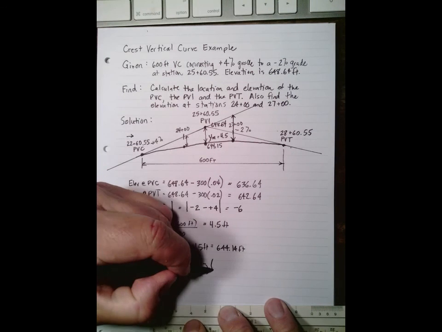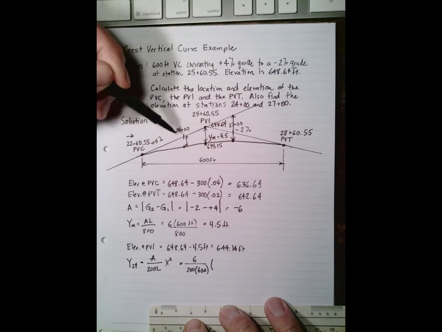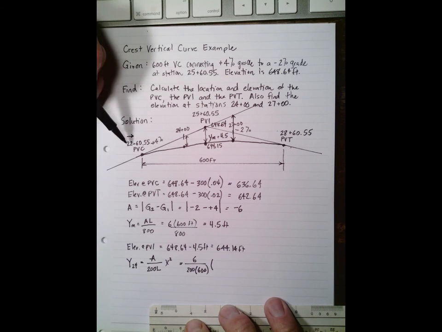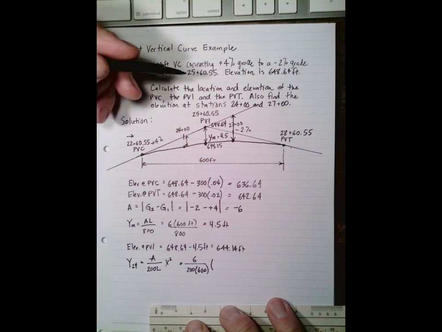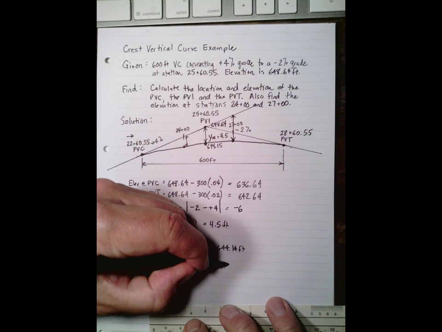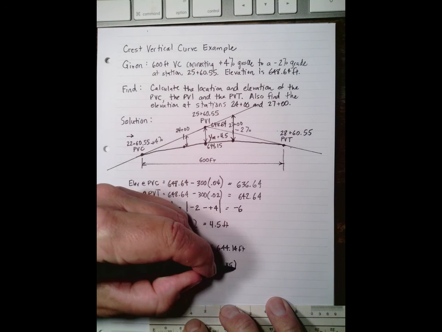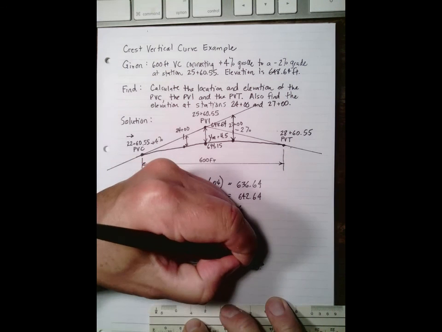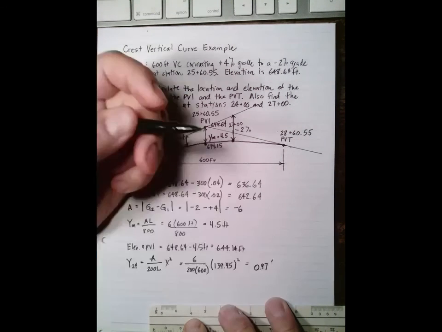And then x is simply the horizontal distance from station 24 back to the station of the PVC, 22 plus 60.55. And that distance you can verify is 139.45 feet. And that's squared. So the offset is 0.97 feet.